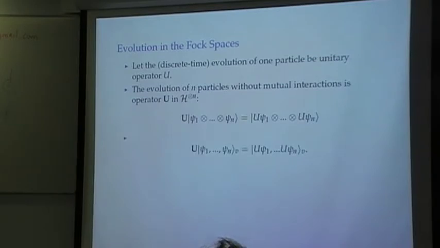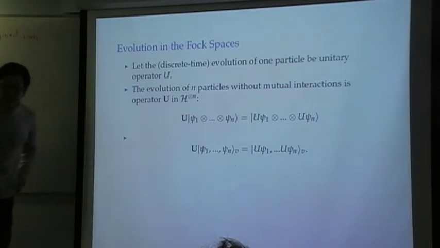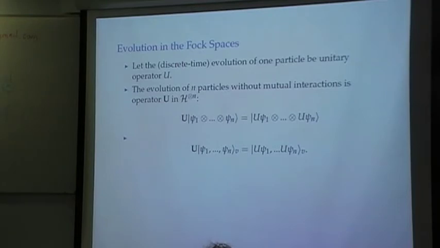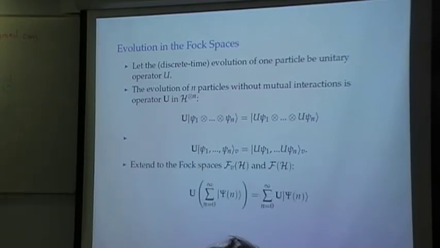It is very easy to verify that this operator U preserves symmetry and antisymmetry. So it can be extended to the Fock space F_S(H) or the free Fock space F(H).